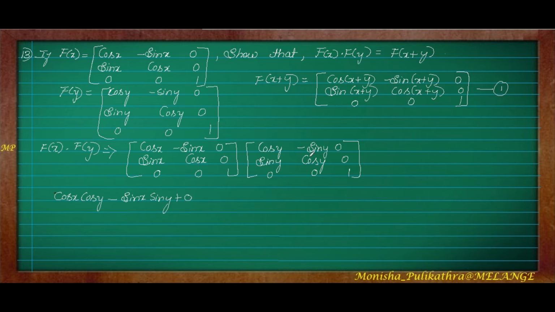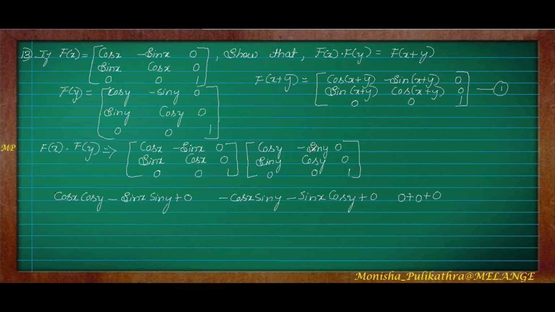In the same way, first row with the second column: here minus is there, so I will be writing minus first. So minus cos x sin y minus sin x cos y, and 0 into 0 will be 0. Again, the first row with the third column: cos x into 0 is 0, plus minus sin x into 0 is also 0, and then 0 into 1 is 0.